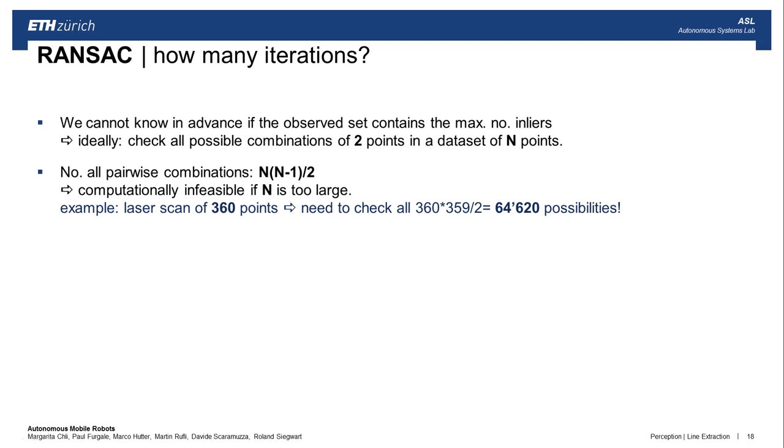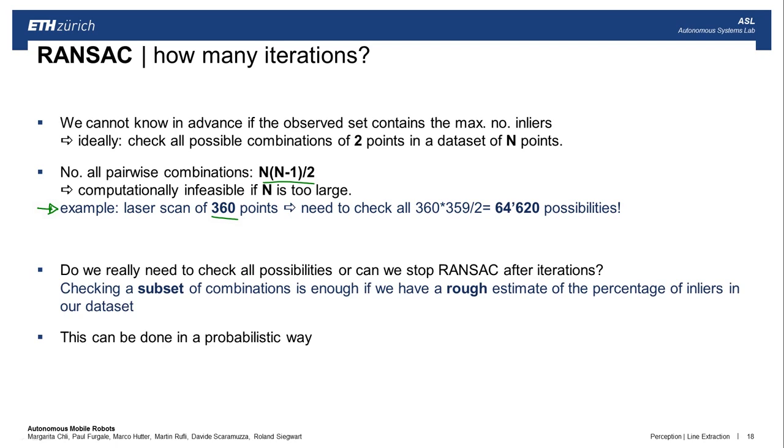That would mean that we'd have this number of pairwise combinations, which is obviously computationally infeasible if n is too large. So in this example here, you can see if we have a laser scan of 360 points, we need to check almost 65,000 point combinations. But the question is, do we really need to check all of these possibilities, or can we stop RANSAC after a few iterations?